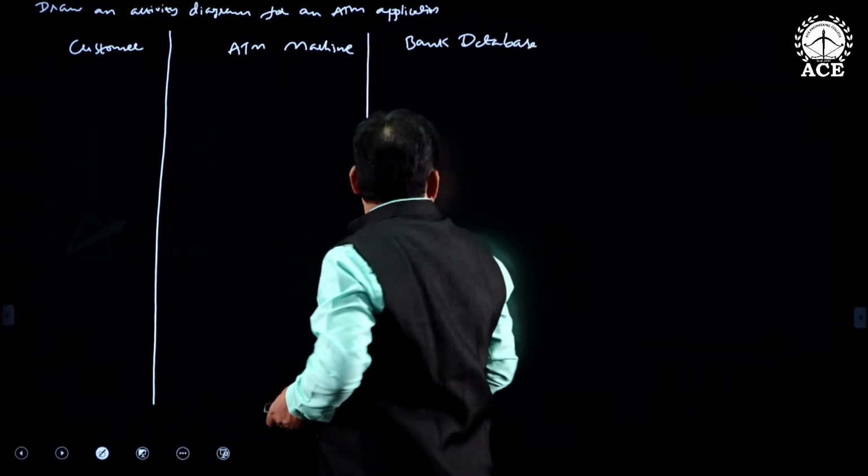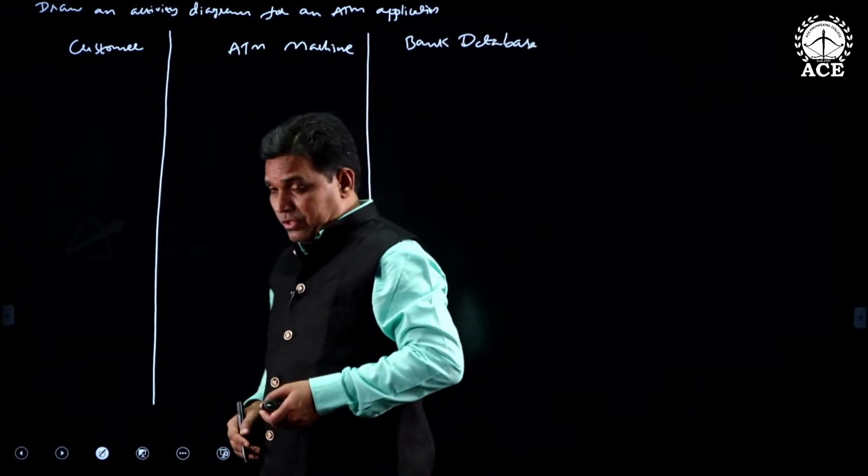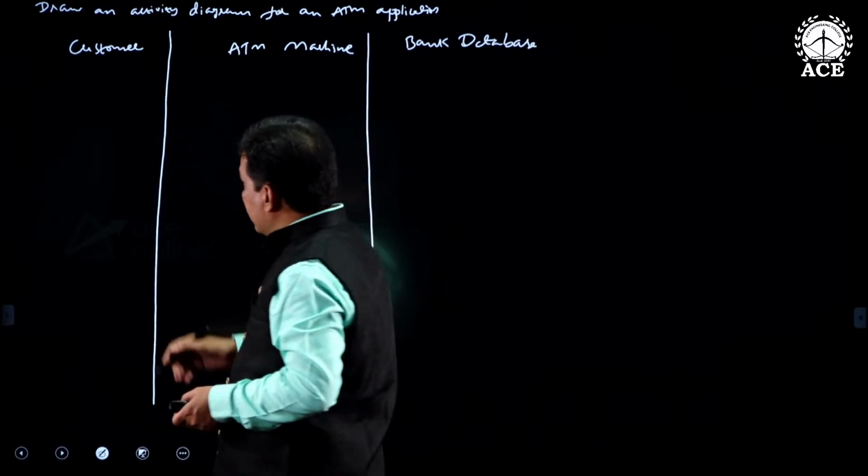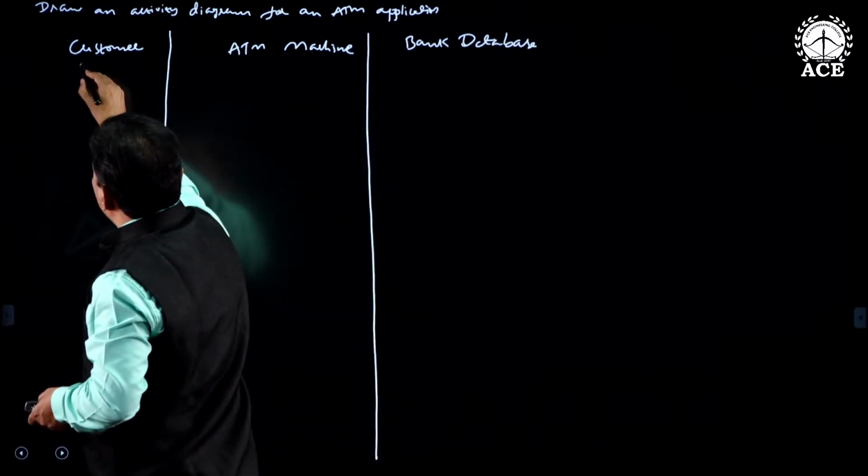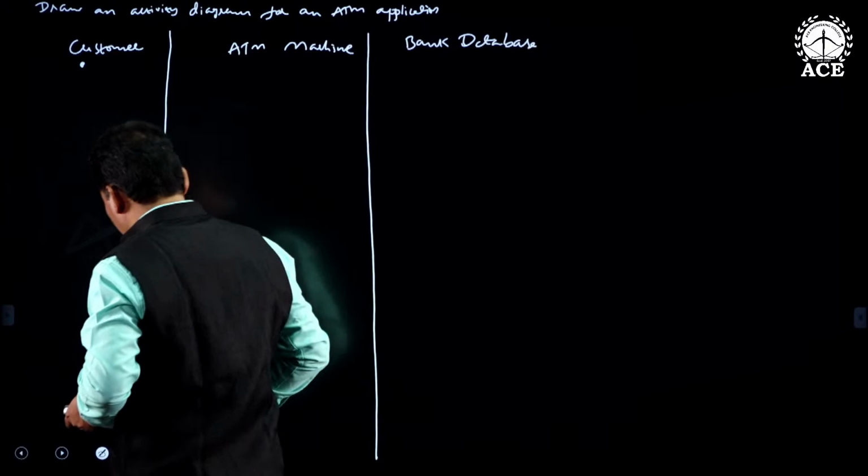An activity diagram will start with the initial state. This is the initial state.